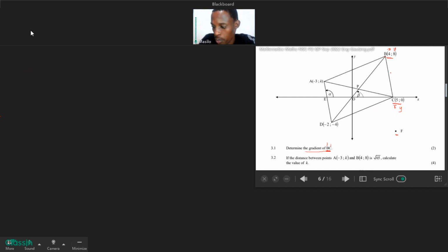In order for us to answer question number 1, we must write the gradient, because it says the gradient of BC. So our gradient of line BC is the change in y over the change in x, which is y2 minus y1 over x2 minus x1.